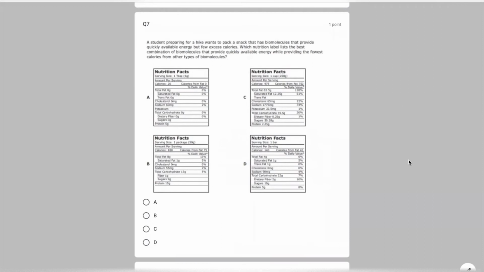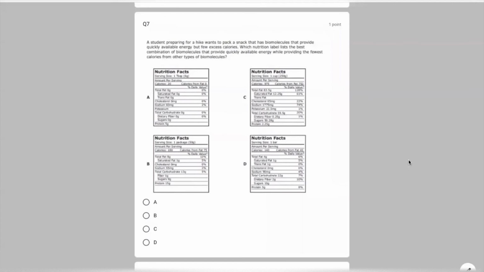So, A, it doesn't have a lot of calories, but it has no carbs. So A is out of the picture. And then B, it has like an acceptable amount of calories, but there's not a lot of carbs compared to the other answer choices. And then C, the calories are way too high.